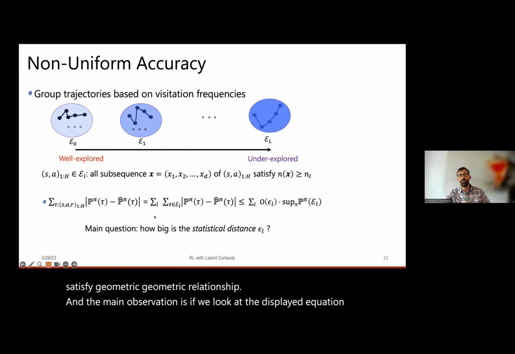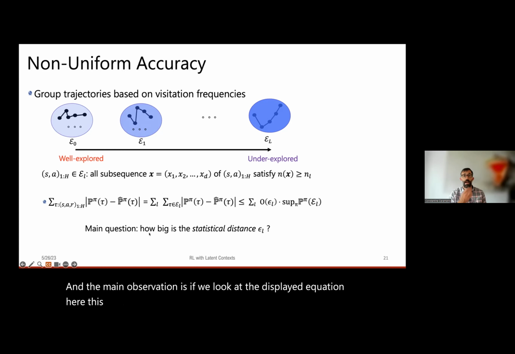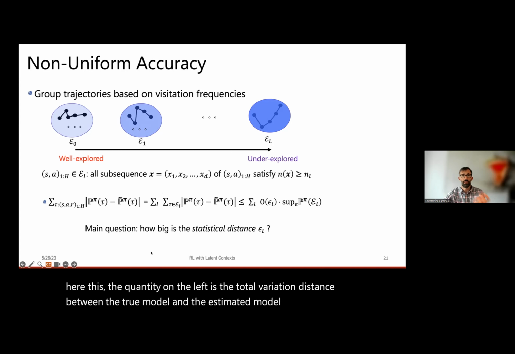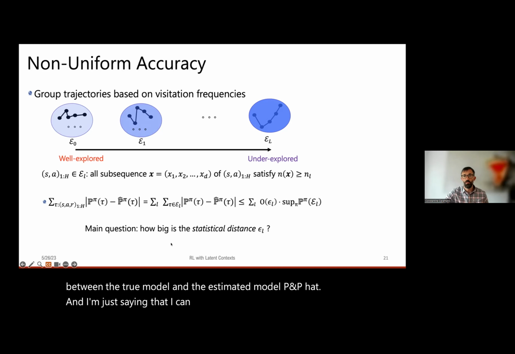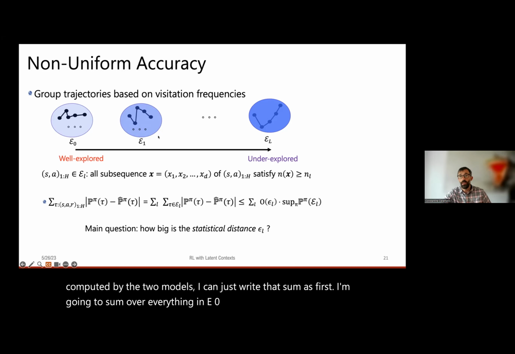And the main observation is this: if we look at the displayed equation here, the quantity on the left is the total variation between the true model and the estimated model, P and P hat. I'm just saying that instead of summing over all trajectories and computing the probability difference as computed by the two models, I can write that sum as, first I'm going to sum over everything in E0, then I'm going to sum over everything in E1, and so on.